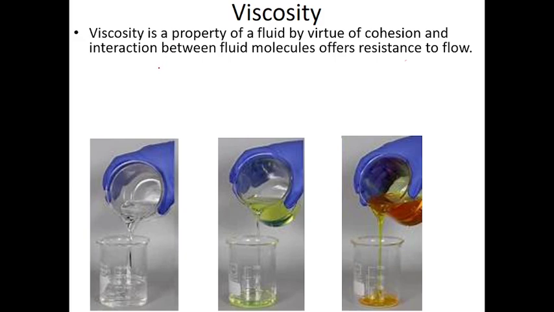So that is the property of a liquid, because of cohesion and interaction between fluid molecules. When we say cohesion, it is the attraction between two like substances, between two like molecules, or two like particles.